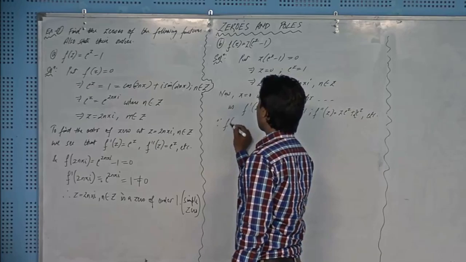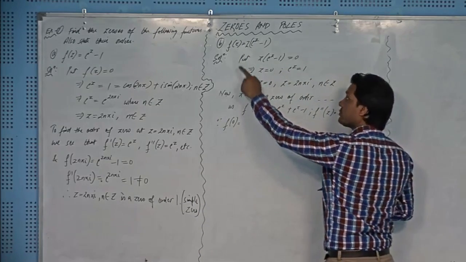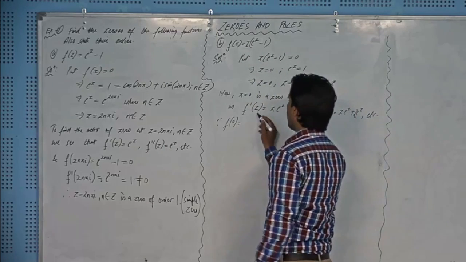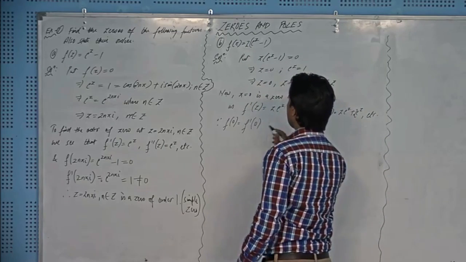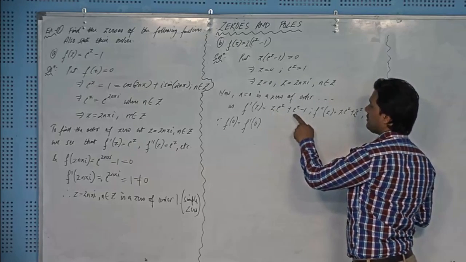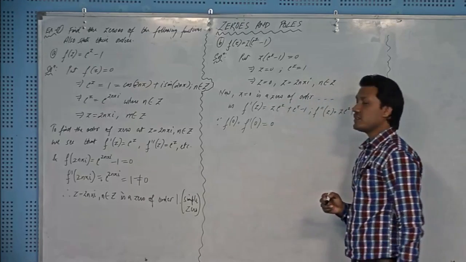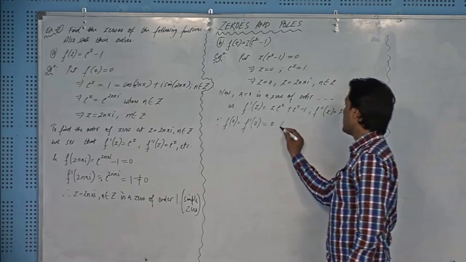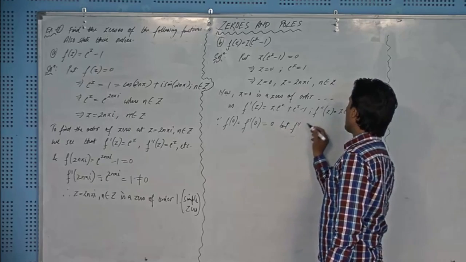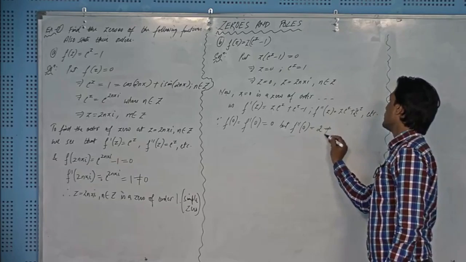Now we see that if I put 0 in the function, I'm checking at z equal to 0, then obviously it will become 0. And if I put 0 in its first derivative, then it will become 0 plus 1 minus 1, which is 0, right? Means up to first derivative the function is 0, but its second derivative evaluated at z equal to 0 is not equal to 0, it is actually equal to 2, right?